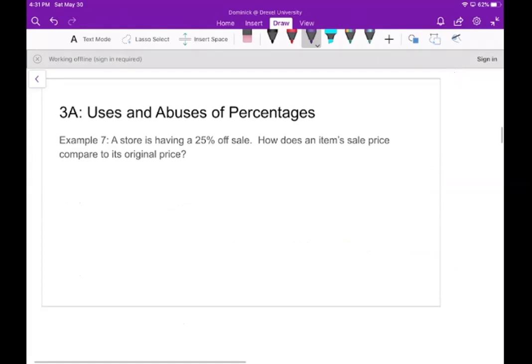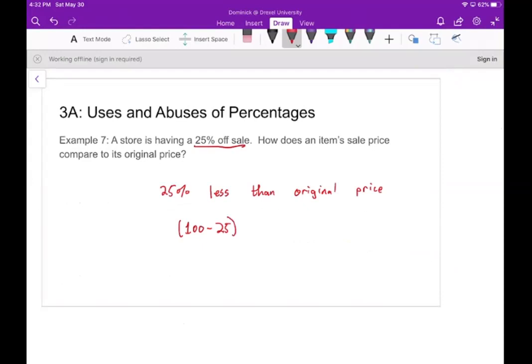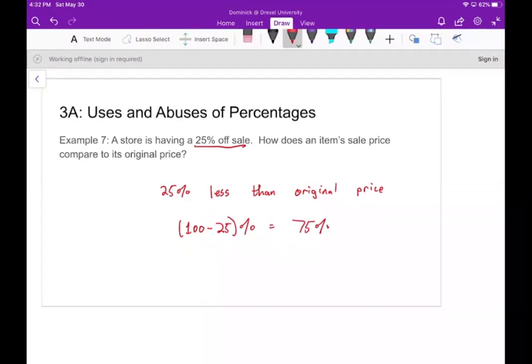Okay, here's a common application. A store is having a 25% off sale. How does an item's sale price compare to its original price? Well, if it's a 25% off sale, that means that it's 25% less than the original price. And of course, how do we say that? That's 100 minus 25%, so it's 75%.